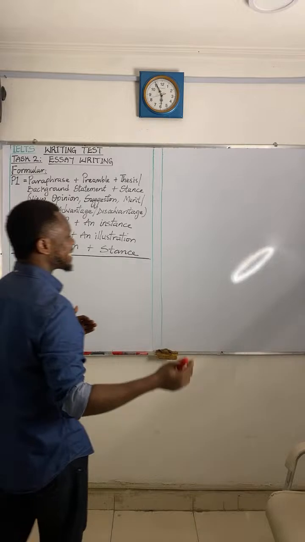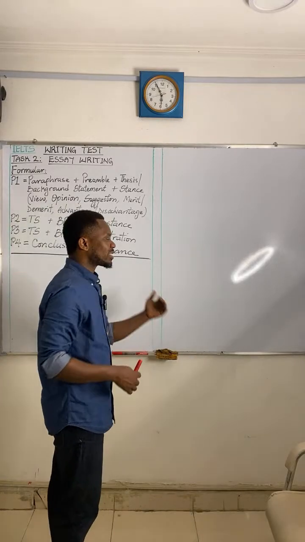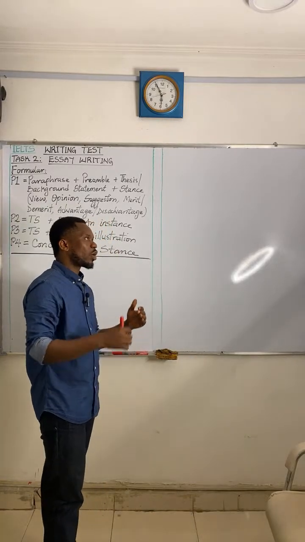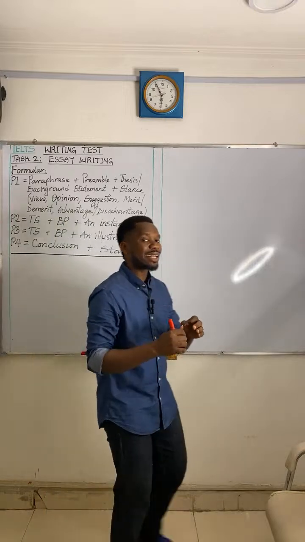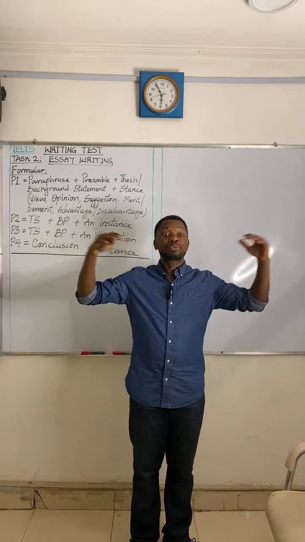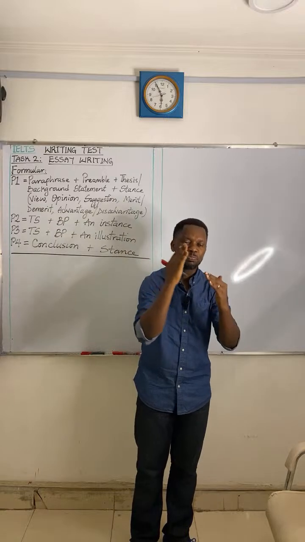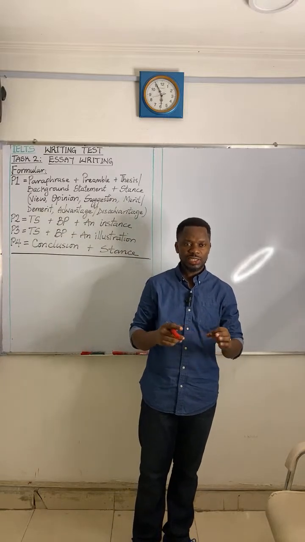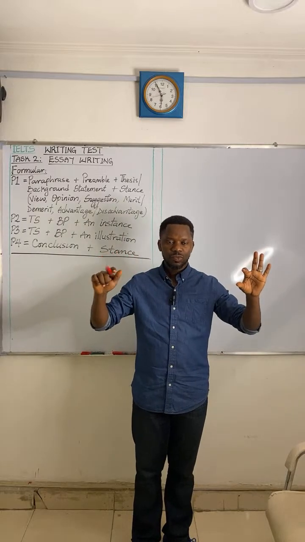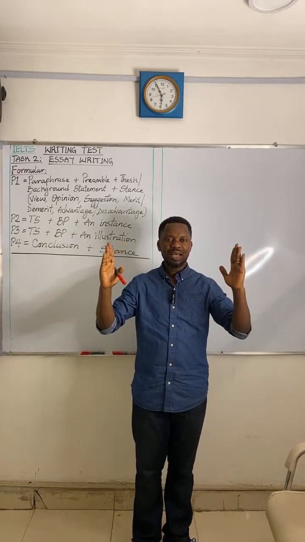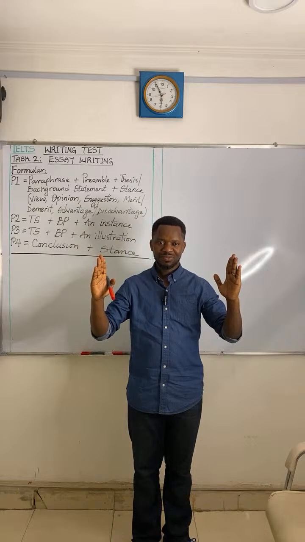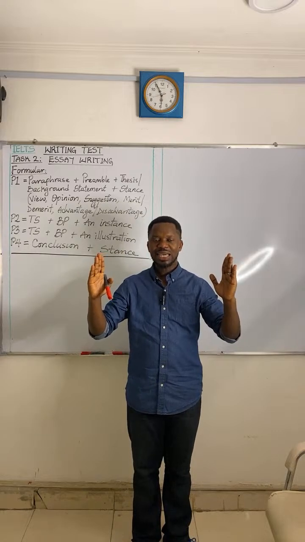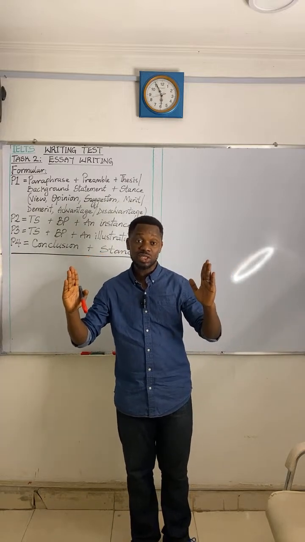If it says to what extent, you are saying your essay would be discussing or establishing your point either in absolute agreement or with partial agreement. Because it says to what extent. To what extent means in a scale of 1 to 10. What is your take with regards to the issue raised in the question?